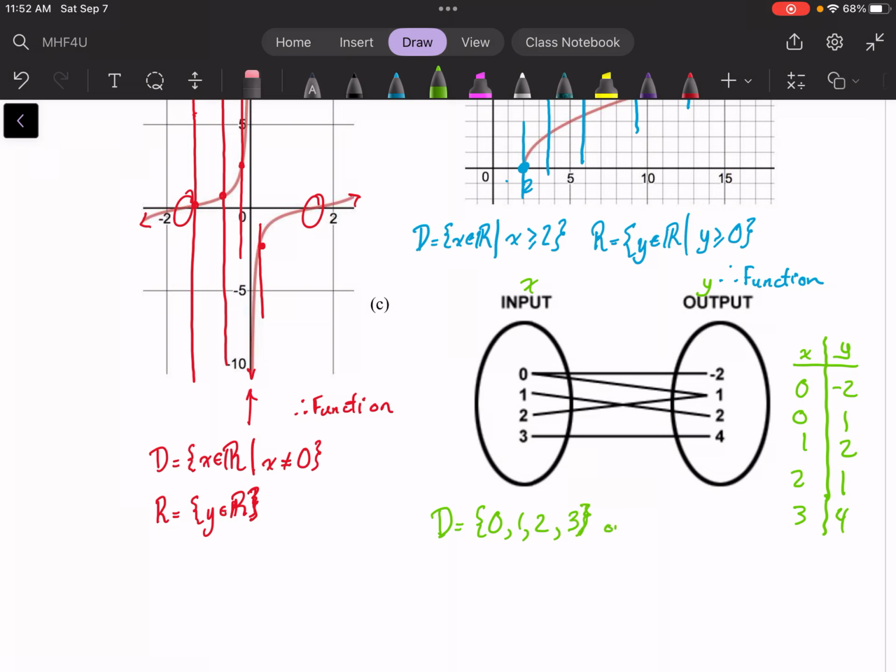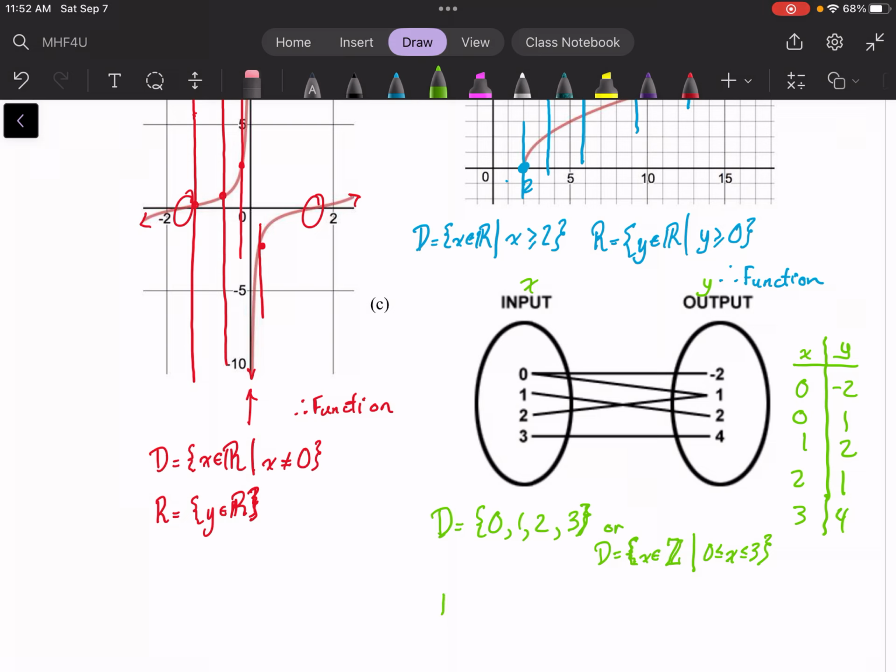Another option is you can describe this as the x values that are whole numbers, or natural numbers, or integers. So you can use integers, let's say, such that the values of x are only between 0 and 3. That's one way you can describe the domain.